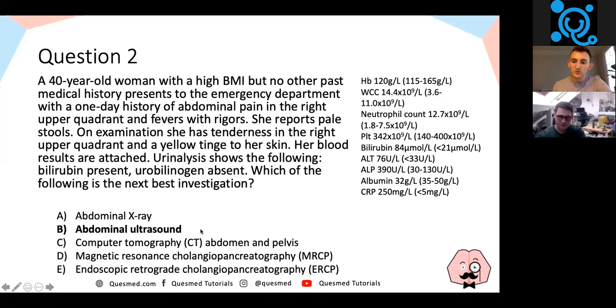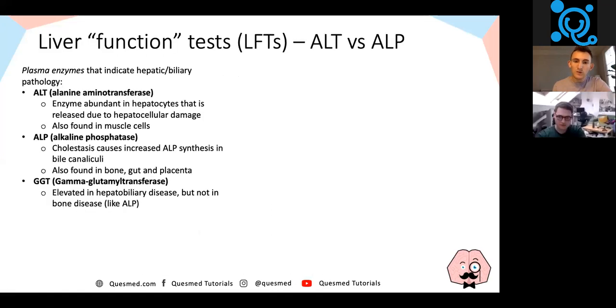So when it comes to thinking about liver function tests, most people call them the ALT and ALP liver function tests, but they actually don't measure the synthetic function of the liver. They're actually just plasma enzymes that indicate hepatic or biliary pathology. ALT is an enzyme that is abundant in hepatocytes, and when hepatocytes are damaged, they burst open and release the ALT.